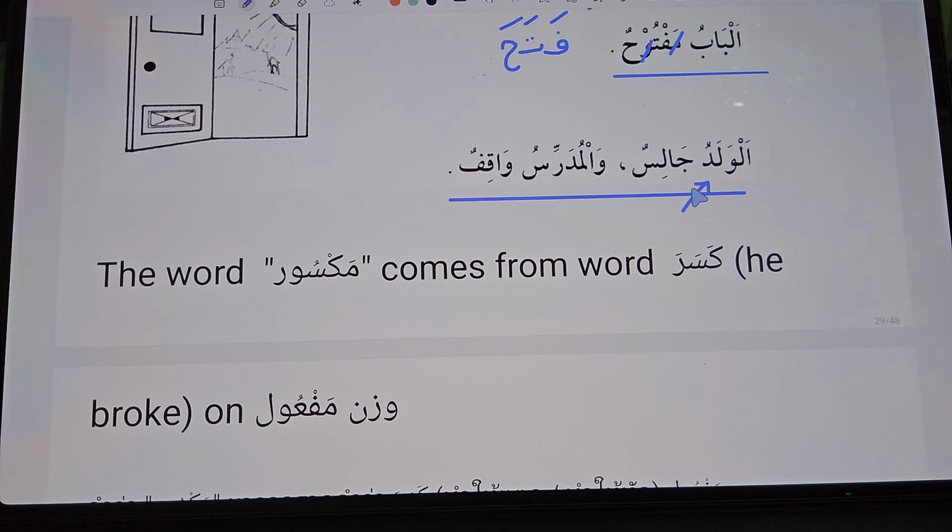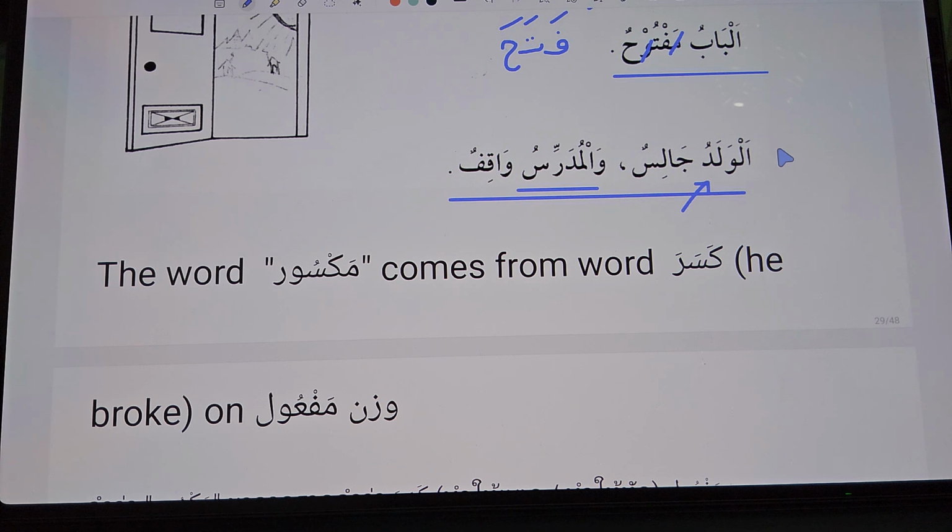Awlad. Mashallah. Is it jam taksir or jam mudhakkar salim? You remember? Is it a broken plural or a proper plural for the male? It's broken, right? Okay, Akhana Sabir, this mudarrisun, what is the jam of mudarrisun?